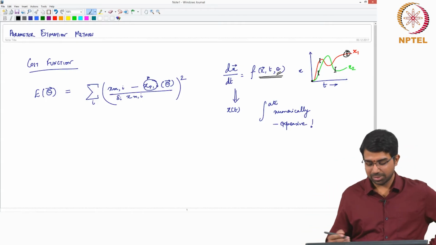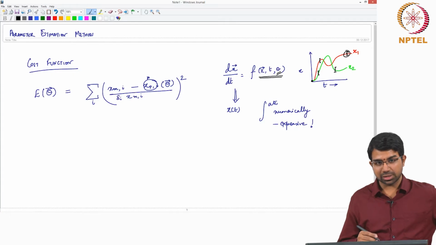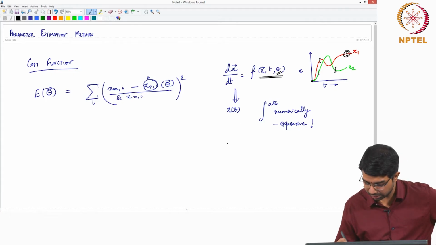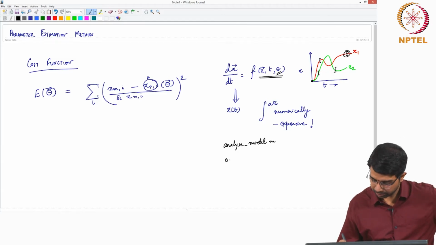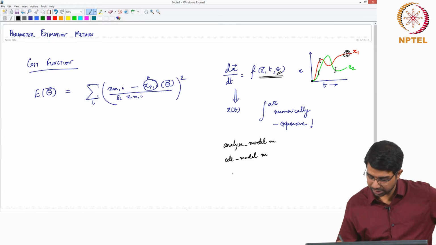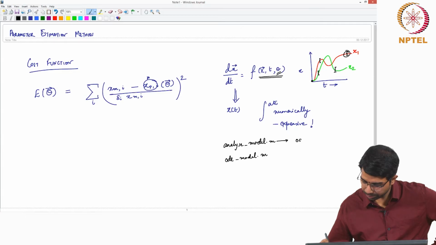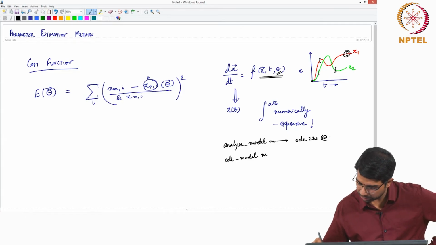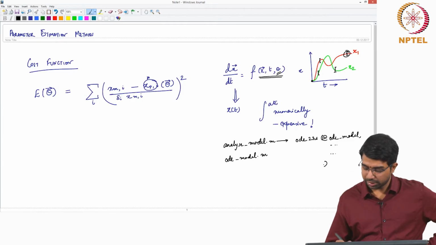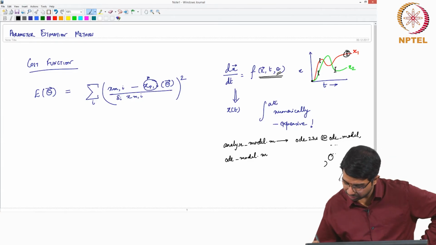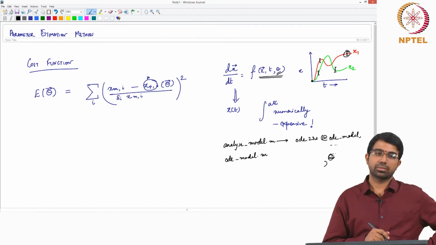If you go back to what we discussed in the previous class, inside of this function you will run ODE23s with x comma t and the initial values and all that. So in fact theta will also become an additional input here.